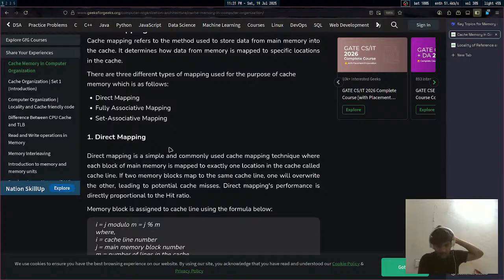So if the CPU asks for a certain address, how will the cache even determine whether it has data for this specific memory address or not, and if it has it, how can you even access that memory address in cache?